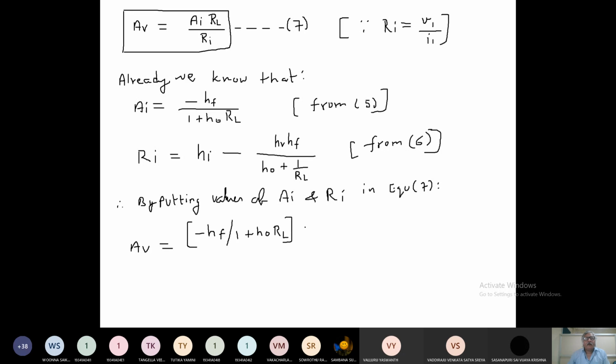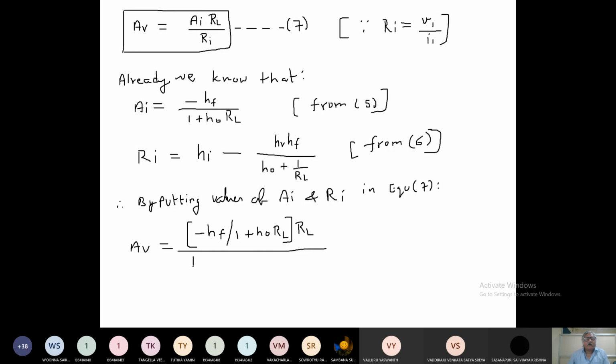This is the value of AI here, and you multiply it by RL, divide by Ri.